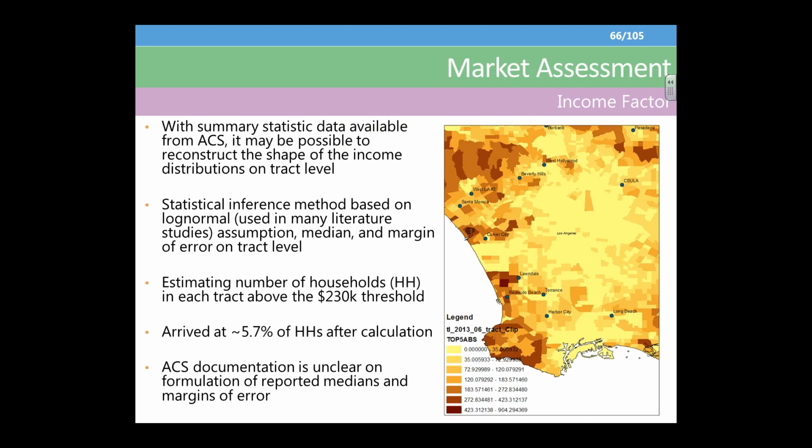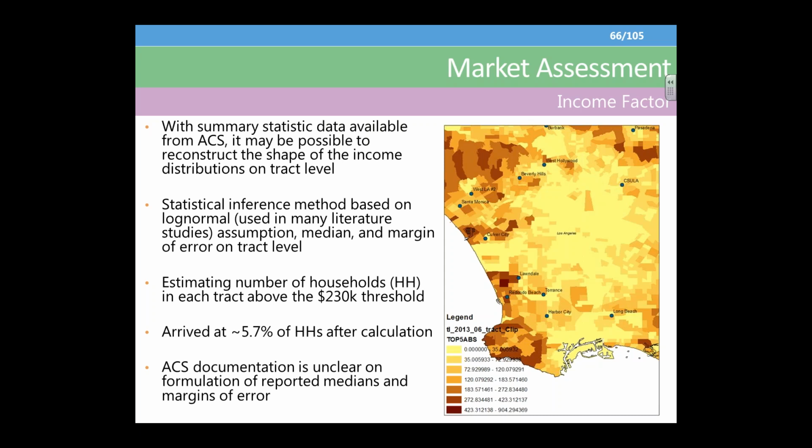So we utilized a statistical inference method based on log normal, and the median and the margin of error, and estimate what percentage of the households in each tract are above that $230,000. And then when you do that in every single tract, you add them all back up, compare it to how many households there are in the state, you get pretty close. If you're looking for 5%, you got 5.7%.